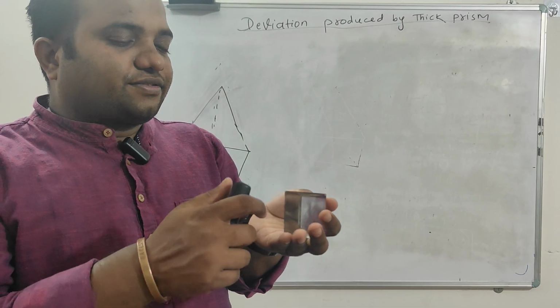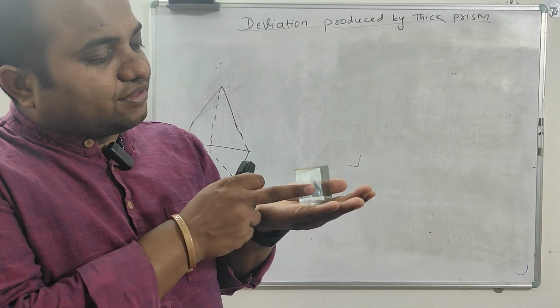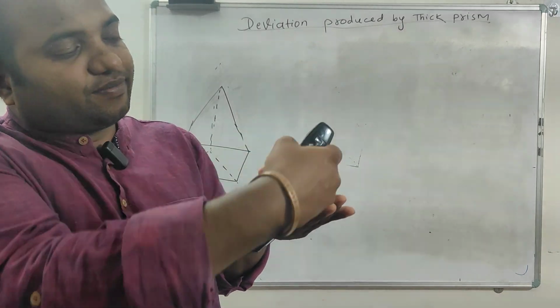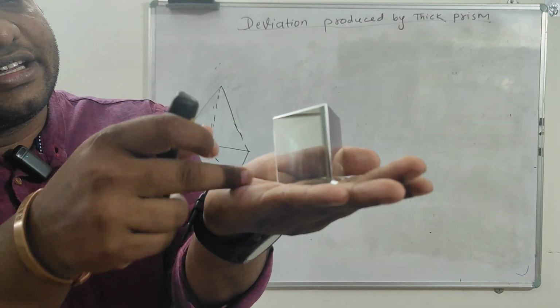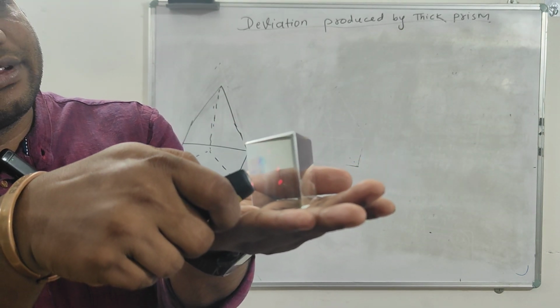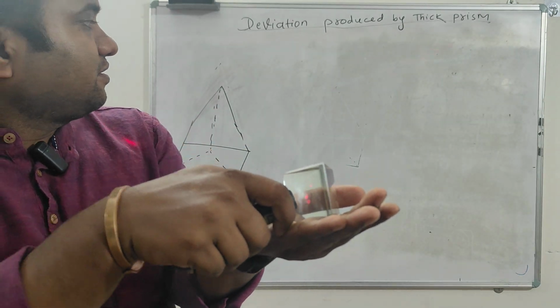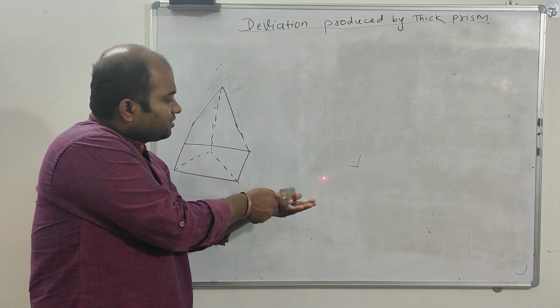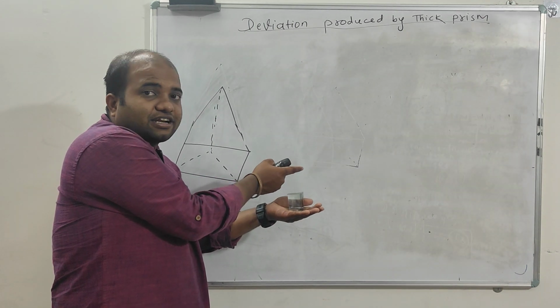Deviation. So that means if I pass the light through this surface, the light will emerge out from the other surface, right? See here, if I send the light through this surface, light will emerge out from the other surface. We are seeing that I'm throwing the light in this direction, but the prism bends that light, deviates the light.